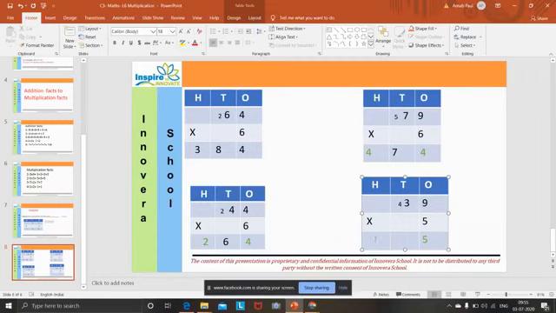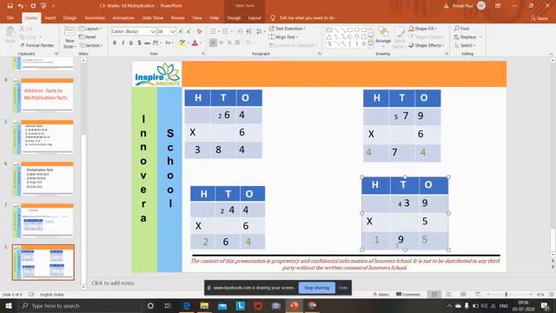Okay, now 3 fives are 15, and 4 at the top, 15 plus 4. 15, 16, 17, 18 and 19. So our product is 195.